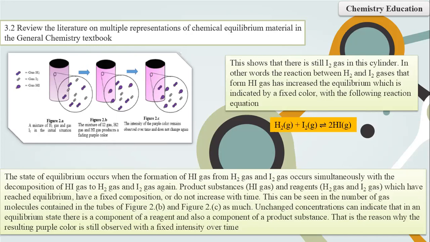The product substance, hydrogen iodide gas, and the reactants, hydrogen gas and iodine gas, which have reached equilibrium, have a fixed composition, or do not change with time. This can be seen in the number of gas molecules in Figure B and Figure C, which match. Unchanged concentration indicates that in the equilibrium state there are components of reactants and also components of the product substance. That is the reason why the resulting purple color is still observed with a fixed intensity over time.